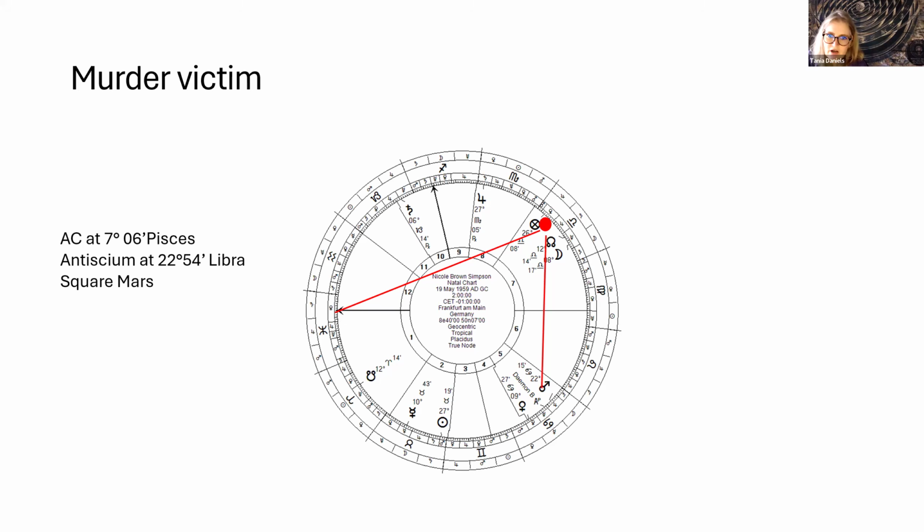So the Antiscia of her ascendant is in the 8th whole sign house, and it is directly squared by Mars. Well, Mars wouldn't have any aspect to that point if there was no planet there. He's not expecting actually a planet at that 22 degrees.